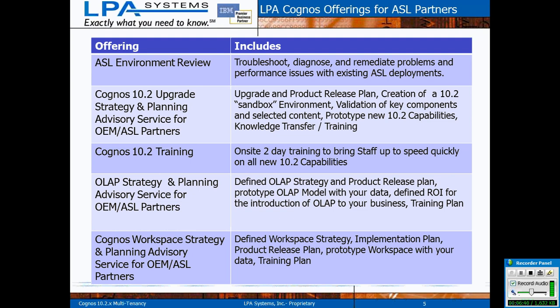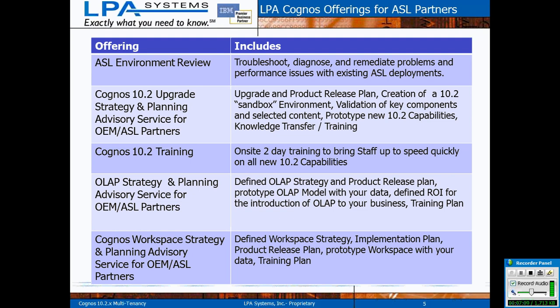We have a variety of quick start offerings that we can offer to ASL partners, things like environment reviews to troubleshoot and diagnose problems and remediate those. We can help you get to market with a Cognos 10.2 implementation if you need to upgrade from an older version. We offer a variety of training packages, many of which can be delivered on site with your specific data, which offers a high impact training experience.